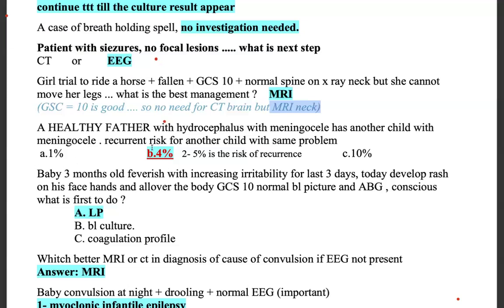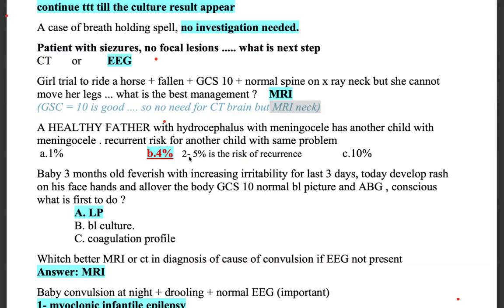Okay. Healthy father with hydrocephalus with meningocele has another child with meningocele. The father is healthy. Recurrent risk for another child with same problem.